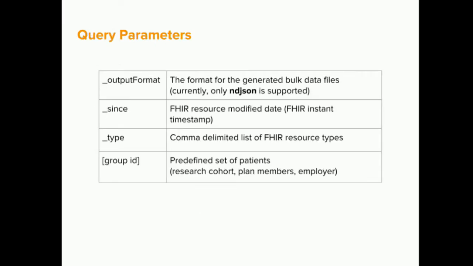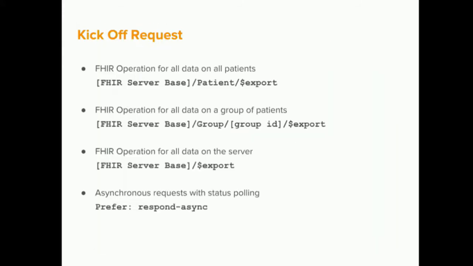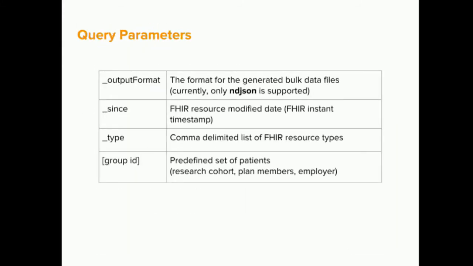As I mentioned, there's a pretty narrow scope to this API, and so these are a few of the parameters you can submit with any of these kickoff requests. The first is output format. Currently, we're requiring a base format called ND-JSON, which I'll talk about in a little bit. But there's a lot of interest in some binary formats like Apache Parquet and protocol buffers.